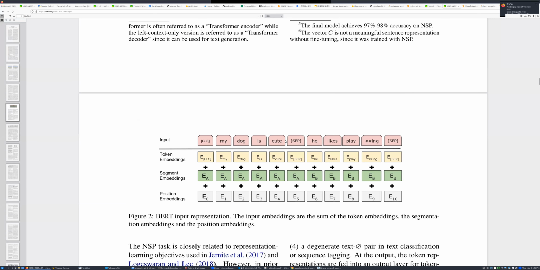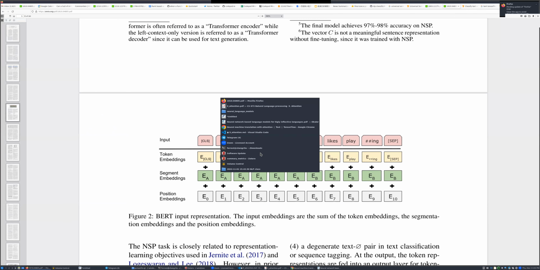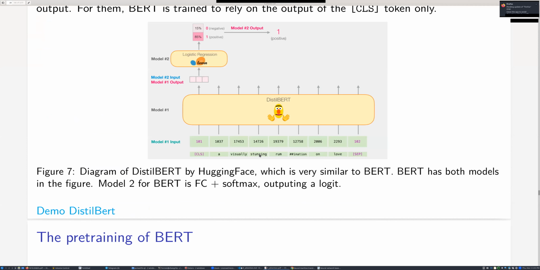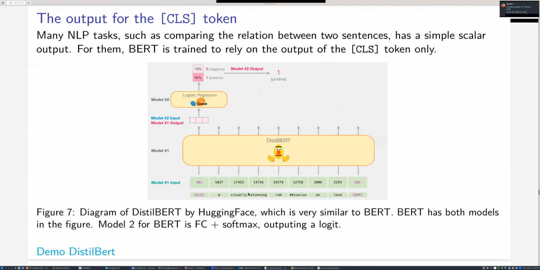Okay, and what you do is your input will become like this. So let me use a slide to explain. Your input will look like this. So for example, let's say I want to knock out the word stunning. So therefore my input will be CLS, A, visual, masked. Okay, and the mask token has a special ID. And then rumination on love.